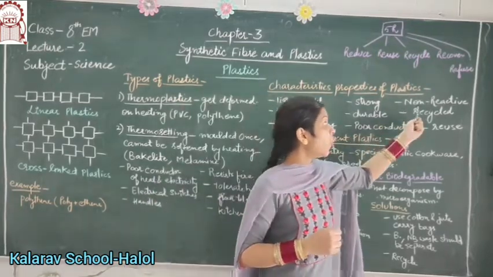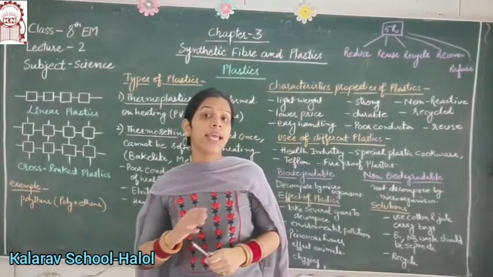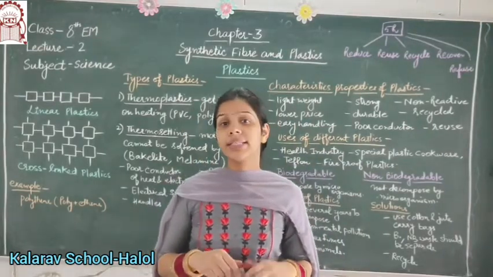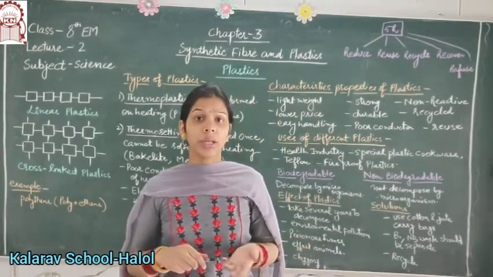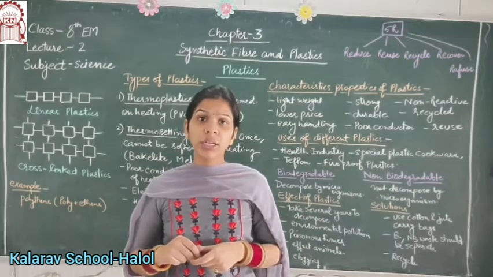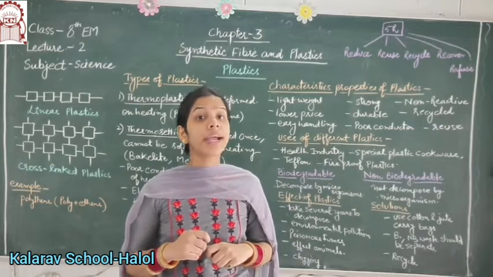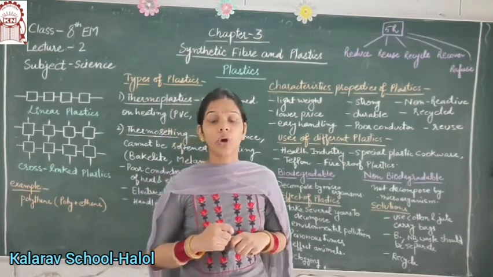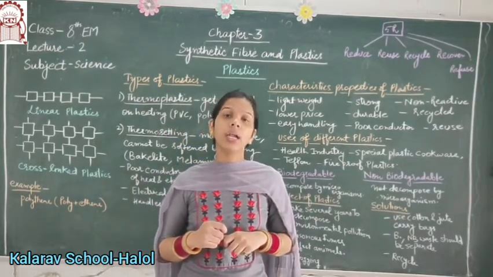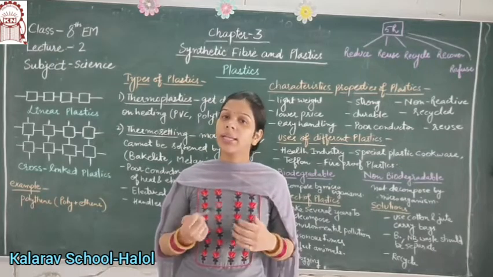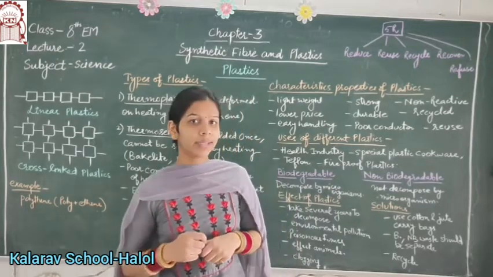Next, they are non-reactive. They cannot corrode easily, as some metals do, like iron which causes corrosion. Plastic does not corrode, and it won't react with air or water. That's why they are used for making containers for storing household items.